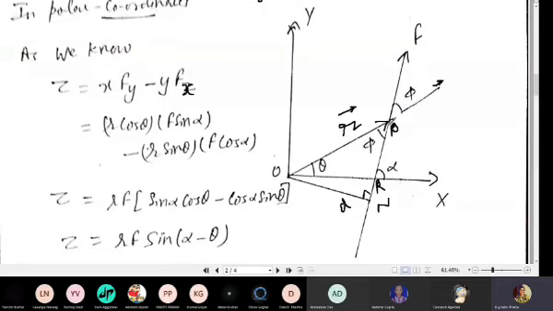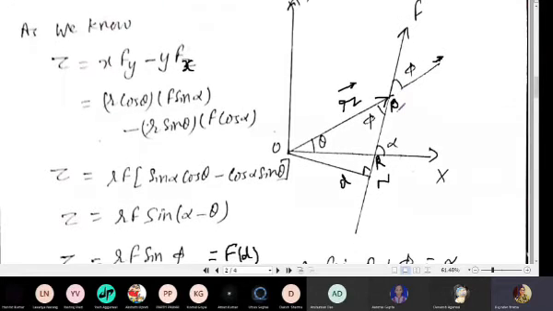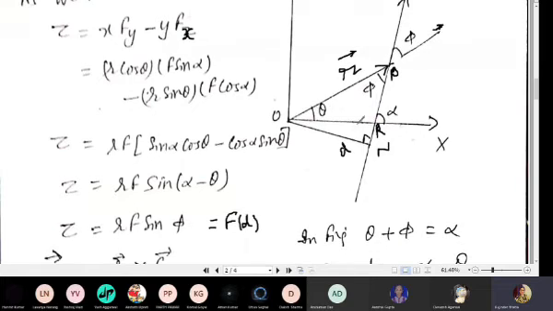So phi is the angle between R and F. And from this diagram, you can say that alpha equals theta plus phi. These both the angles are equal and opposite. If this is phi, this has to be phi. So you can write theta plus phi equals alpha.